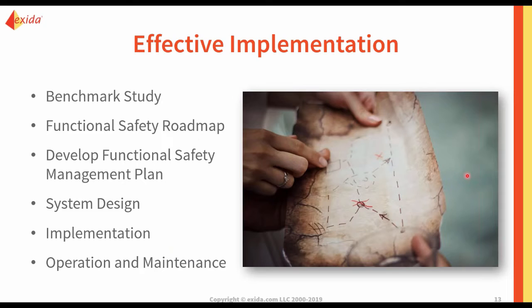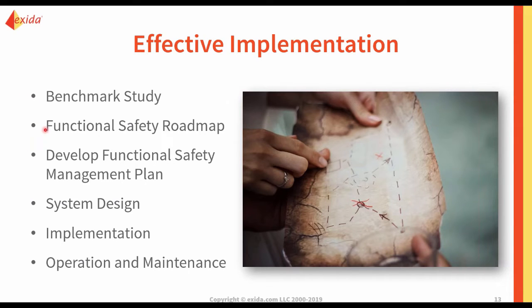When we talk about effective implementation of the standard and really how to get the best results from using the functional safety lifecycle, we typically recommend starting with a benchmark. And so that will be going through and documenting where you stand to each requirement in the standard and getting an understanding of what your strong suits are, what areas there is potentially a need for more focus.